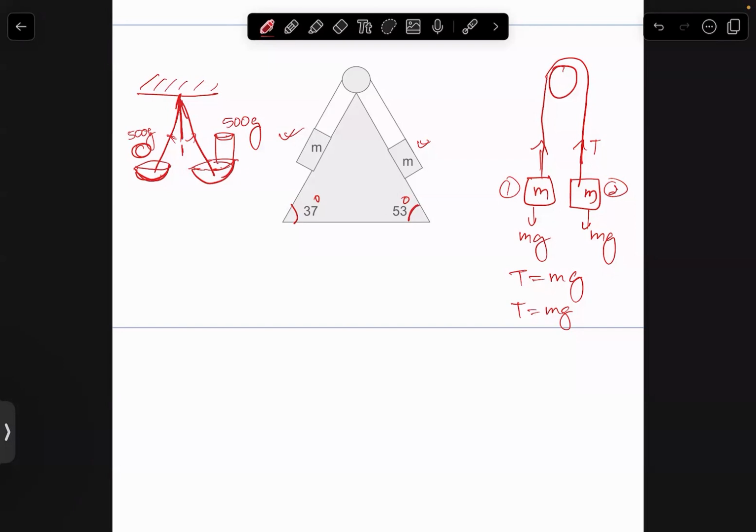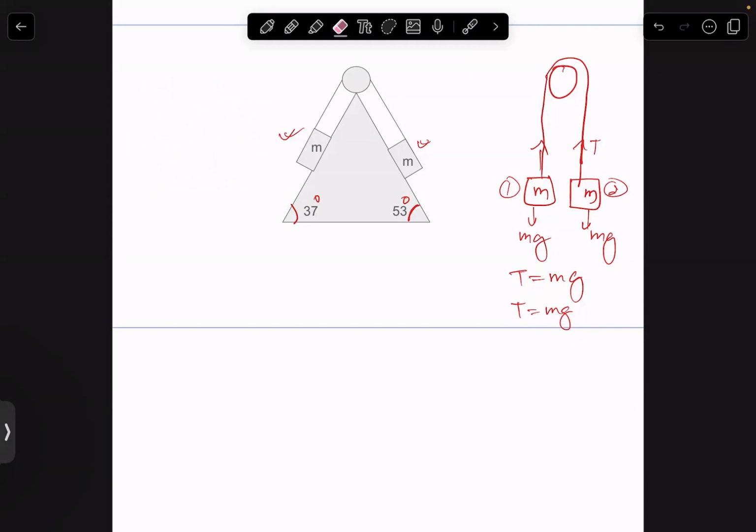Accordingly, you have to take the extra mass from this side or add extra mass to this side to make it proper, so that this side is equal to this side and the mass will be equal, right? So that is the concept of a balance.